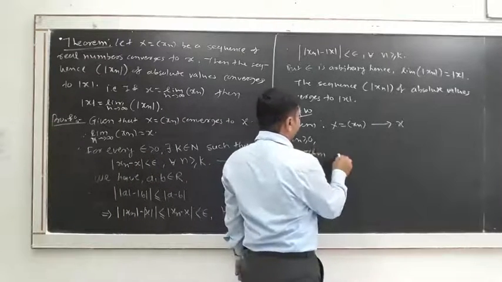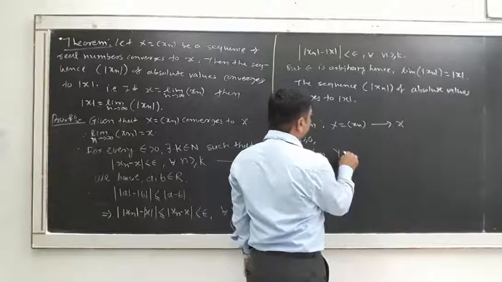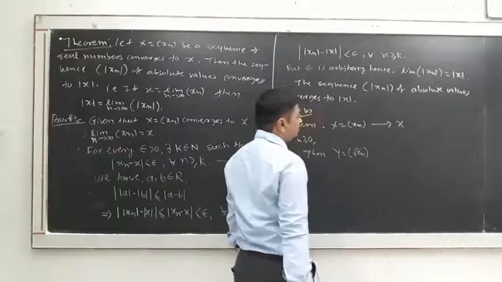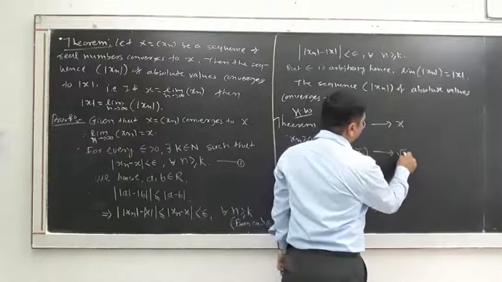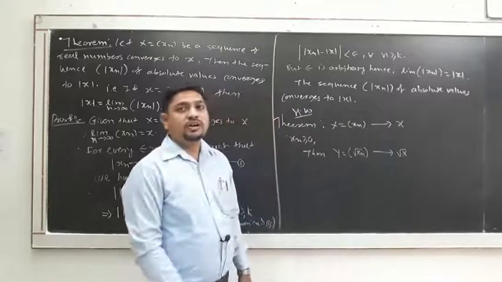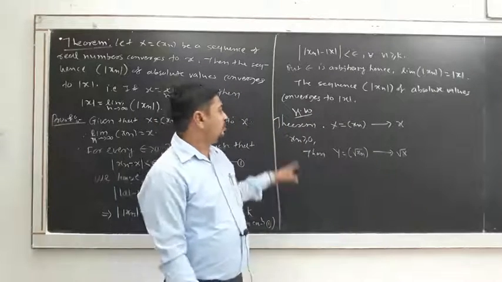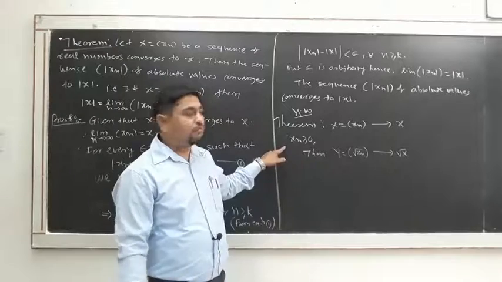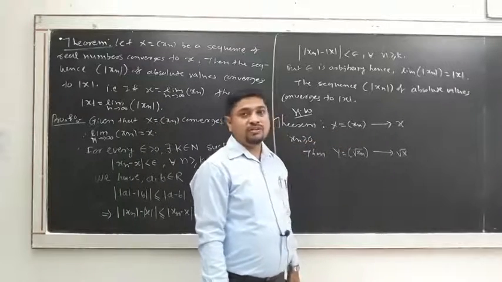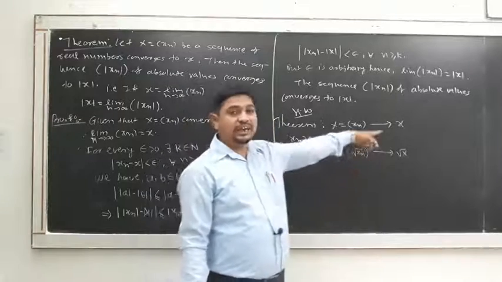Then the sequence √xn converges to √x. You have to prove this theorem for homework.